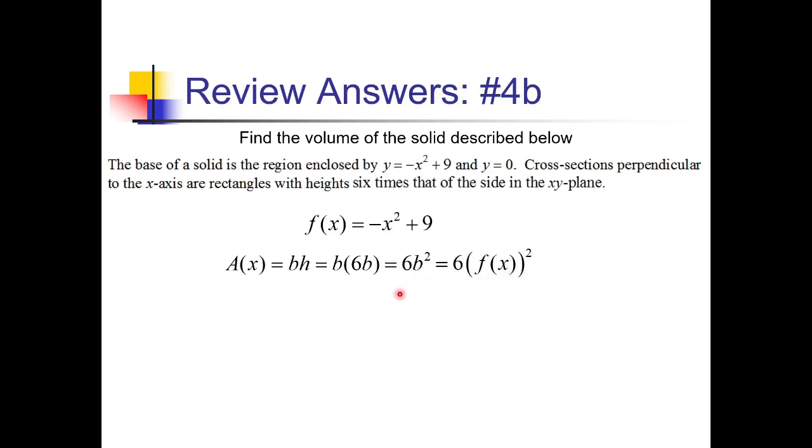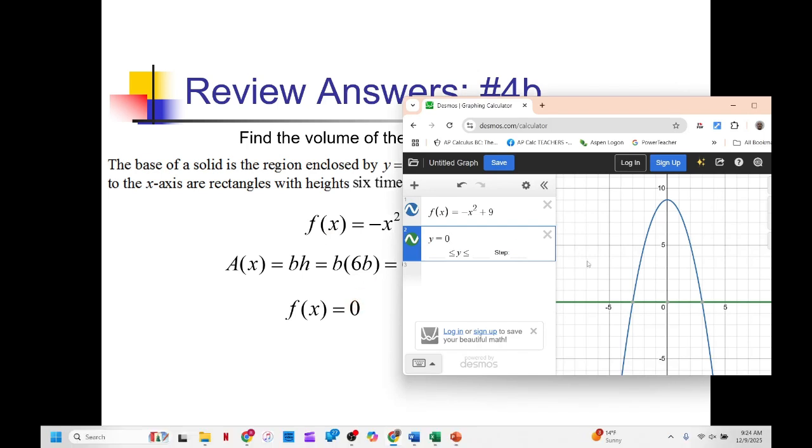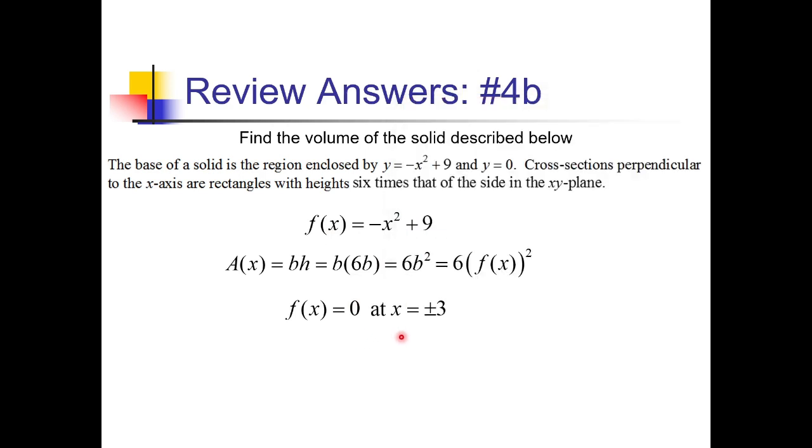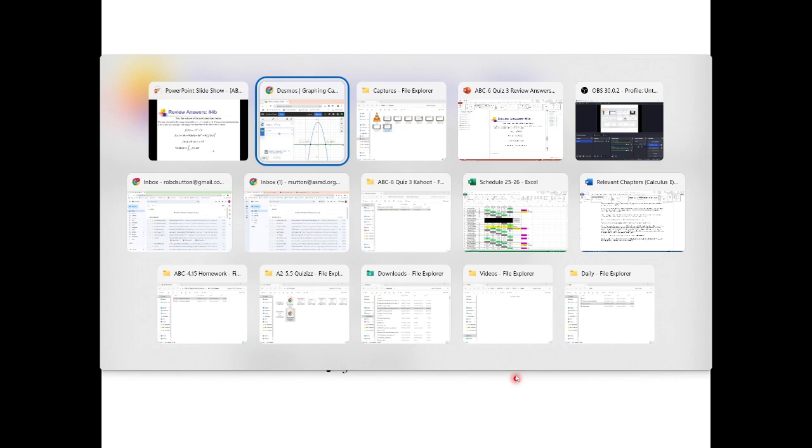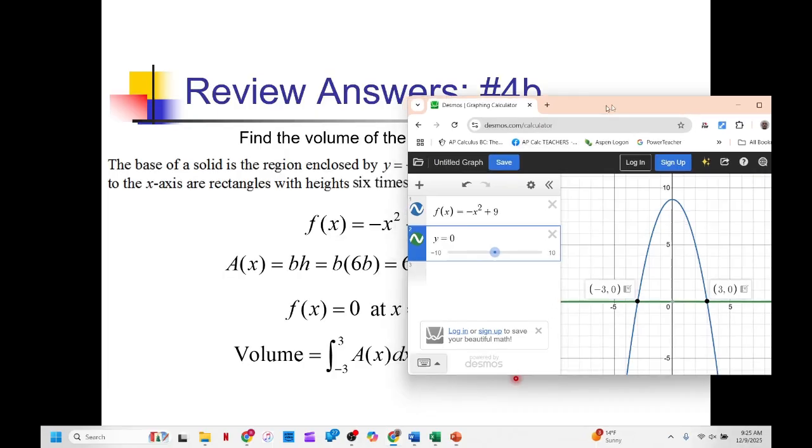Now what are my limits of integration? Well, f of x is going to equal 0 at -3 and +3. We can pick that right off the graph. So I'm going to need the integral from -3 to +3 of this a of x dx that I just wrote. Let's go to Desmos and put all that in.